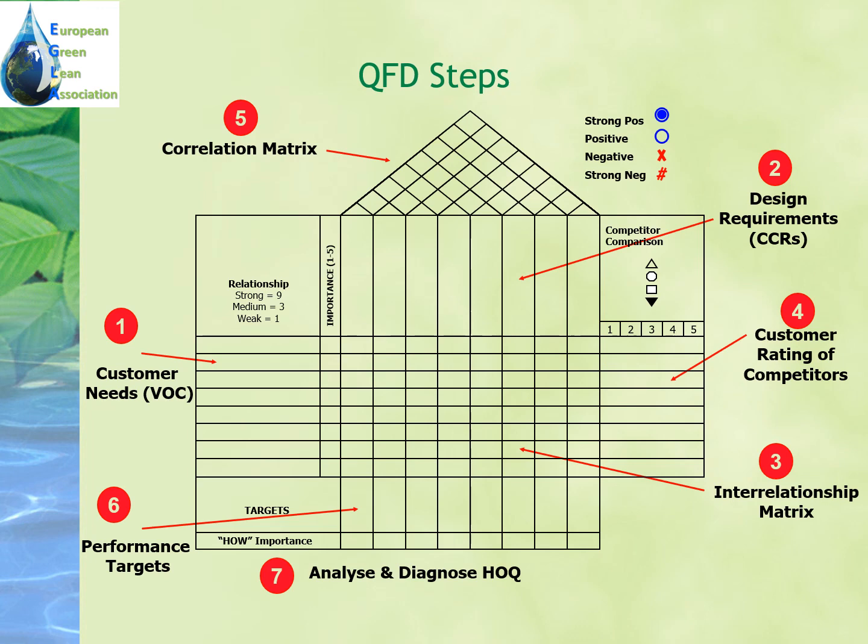And after we've done that, we focus on performance targets. How shall we measure, how do we make sure that the product or service is really supplying what is needed. And at the end, we still do the analysis and diagnosis step to make sure that we have understood everything right and taken everything into account.